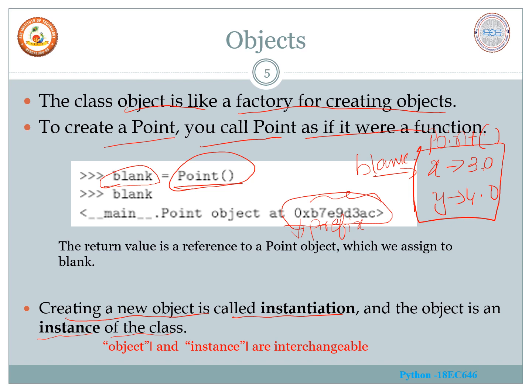Fine. So 0x means here we are considering it to be a hexadecimal address, which is followed by the address. Fine. Next, every object is an instance of some particular class.